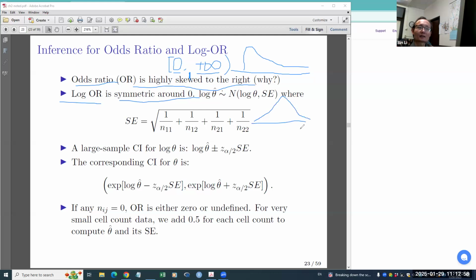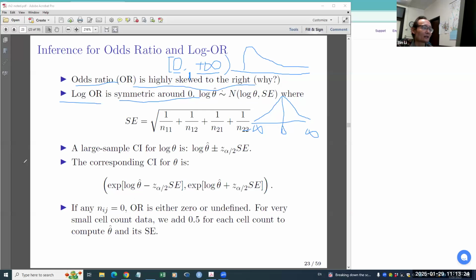Why? Because now the midpoint is log 1, right? Log 1 is actually 0. You see that? And what is the lower bound? If it's 0, take the log, then it's negative infinity, right? What's the upper bound? It's still positive infinity. Now you can see it's symmetric.